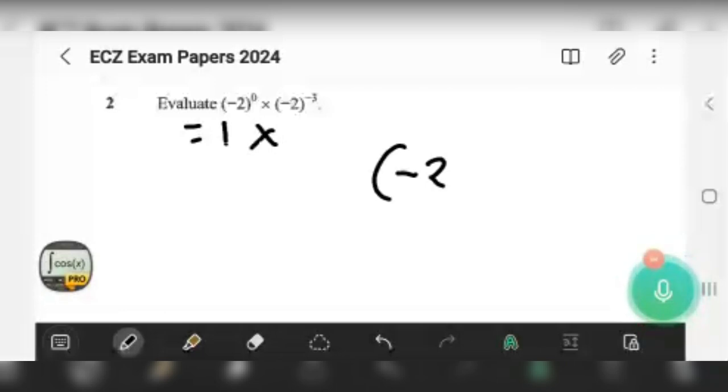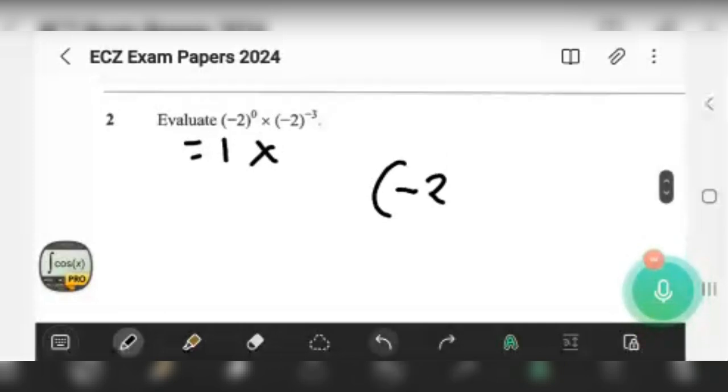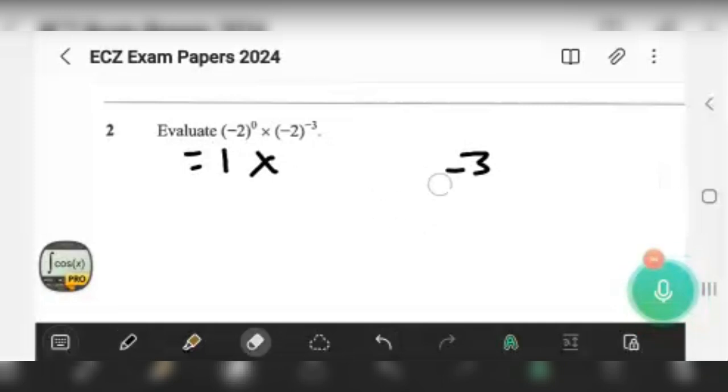We are solving this question because there are some concepts found on algebraic expressions that apply to this, but originally this question is under indices. But let's just do it. So we have negative 2 in brackets, then raised to the power negative 3. Okay, so how do you deal with such?